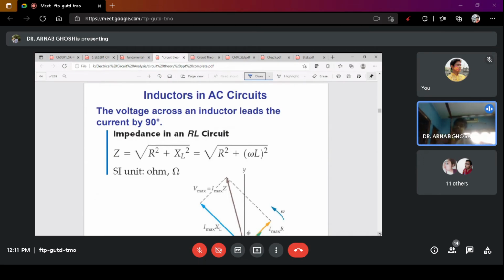What will be the impedance of the circuit? The impedance of the circuit will be equal to root over R square plus XL square, that is root over R square plus omega L square. And what is the SI unit? SI unit is again ohm.